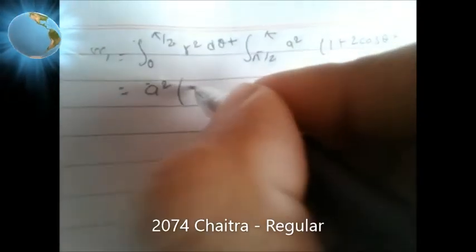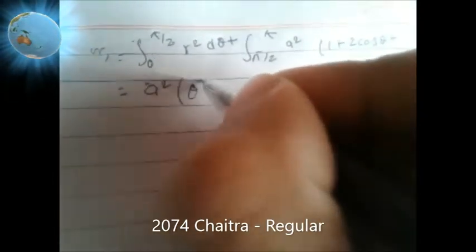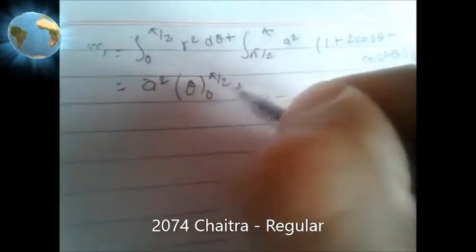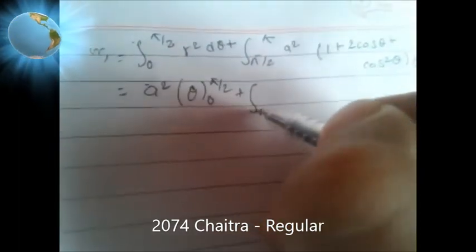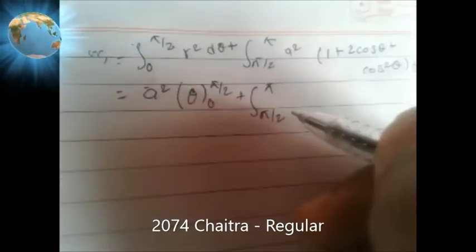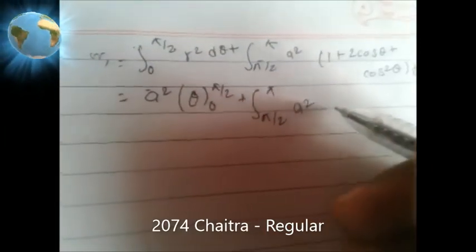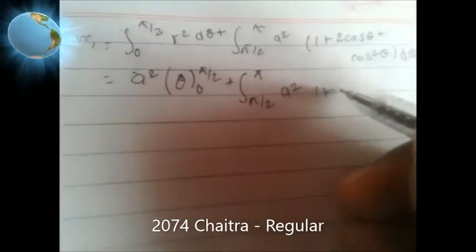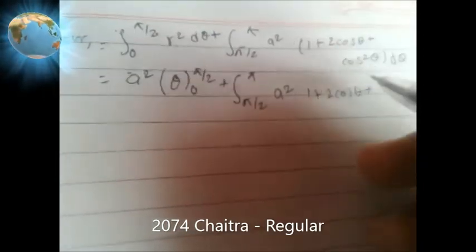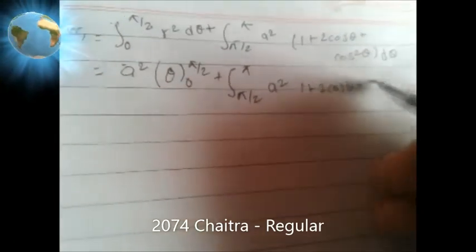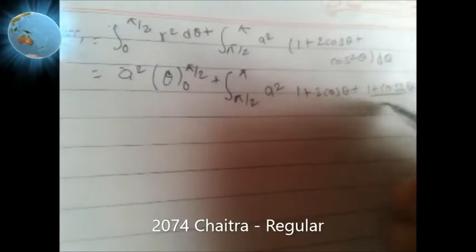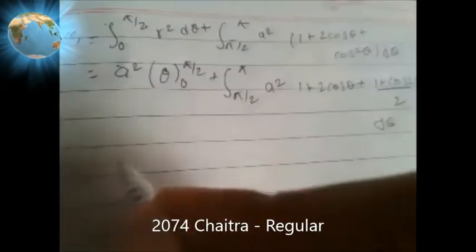We directly integrate theta from 0 to pi by 2, then pi by 2 to pi a square (1 plus 2 cos theta) and change cos square theta to (1 plus cos 2 theta) by 2, d theta.